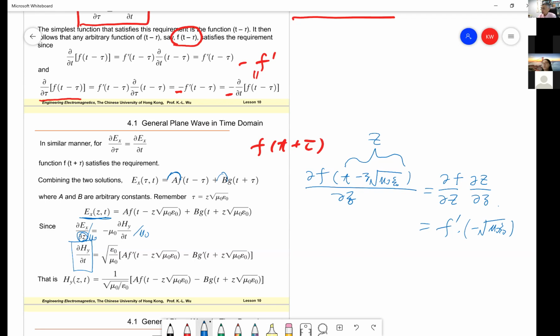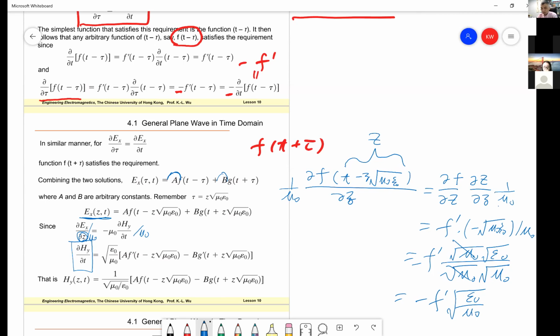When we multiply by this, don't forget we also divide by mu0. So this is a minus sign derivative. Then this is a mu epsilon, mu, so this cancels.